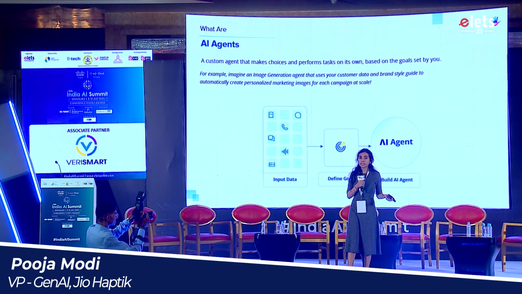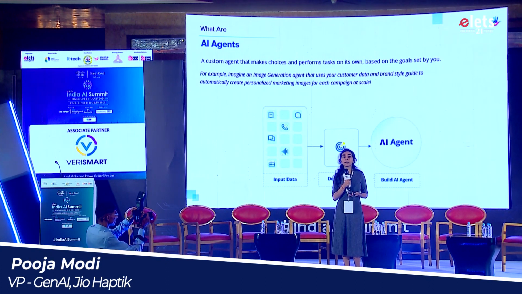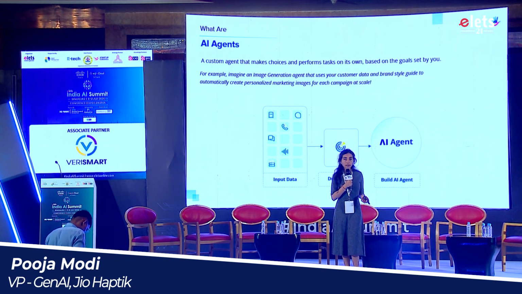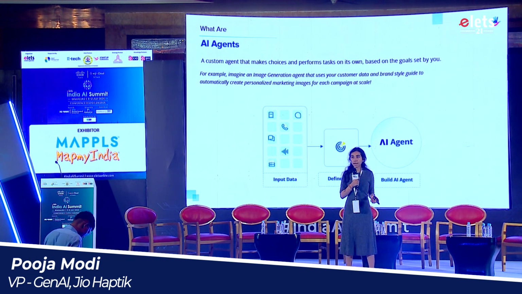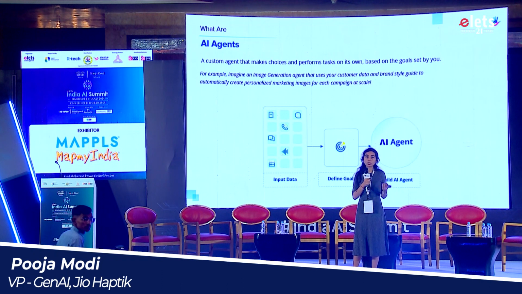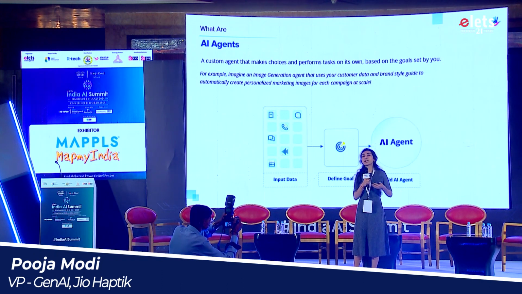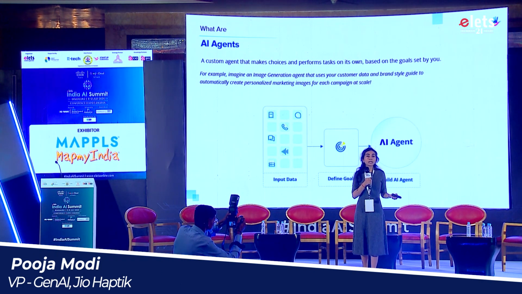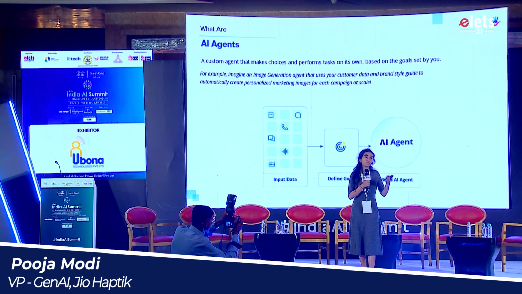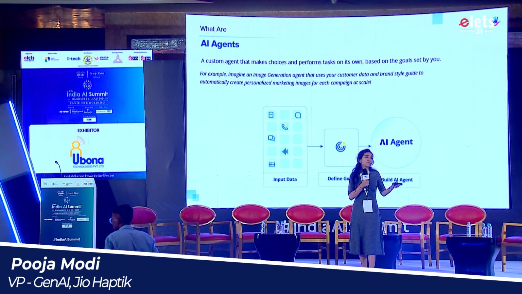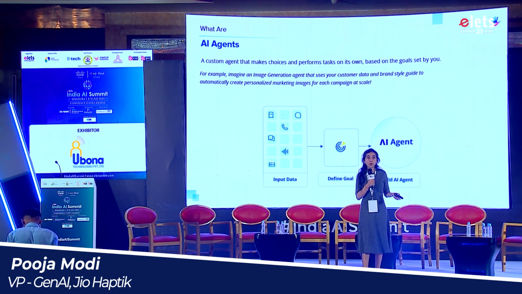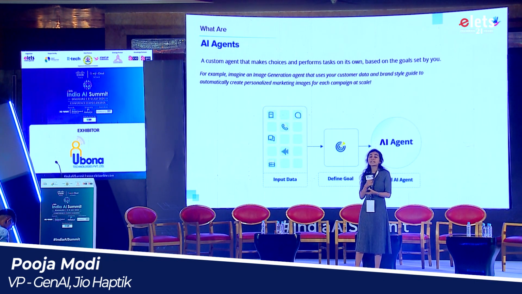Back in the day, when an enterprise wanted to buy a SaaS product, how it would work is that there is a packaged, out-of-the-box solution, right? And as an enterprise, you're going to go buy it. It will have a certain number of features. Whether you use all features or not, you're going to have to buy that subscription and use whatever percentage of it you want to. But with AI agents, that is changing.